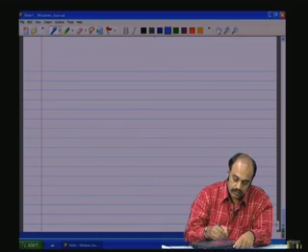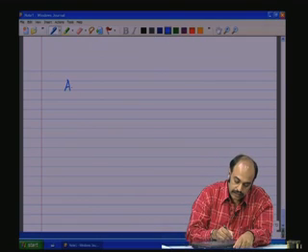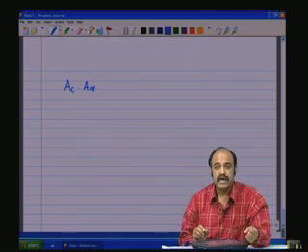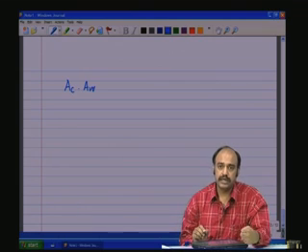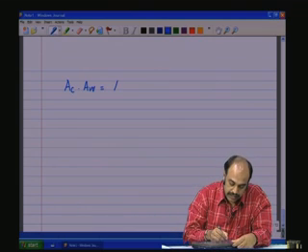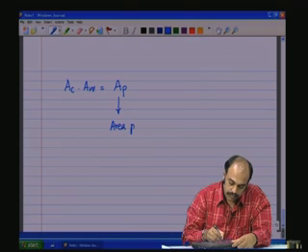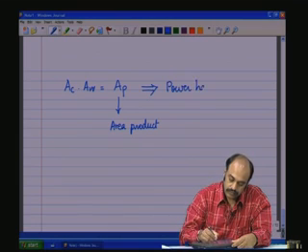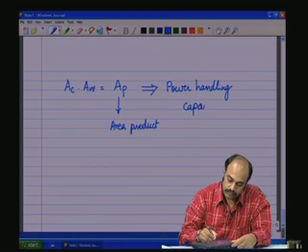Therefore, the product AC into AW should give an indication of the power handling capability of the core. This is called the area product, AP, and this should decide the power handling capability of the core.